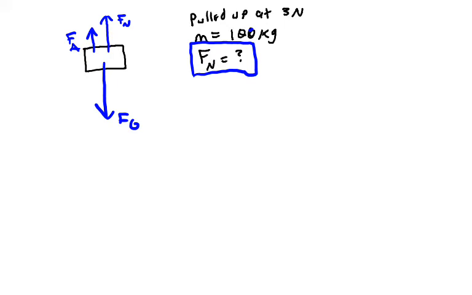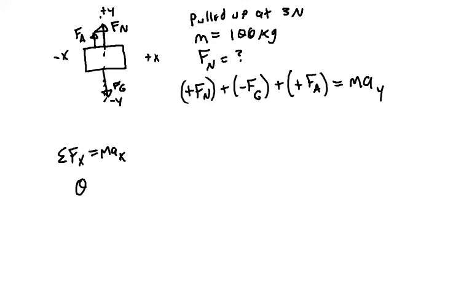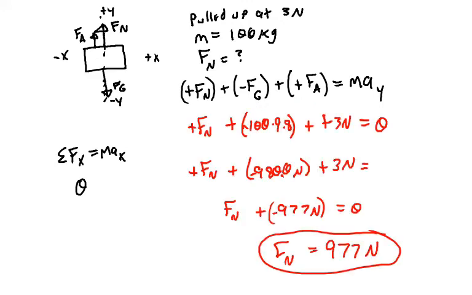Okay, so let's see how you did there. We've got the positive normal force plus the negative force of gravity plus the positive force applied, and we should get 977 newtons as our normal force.